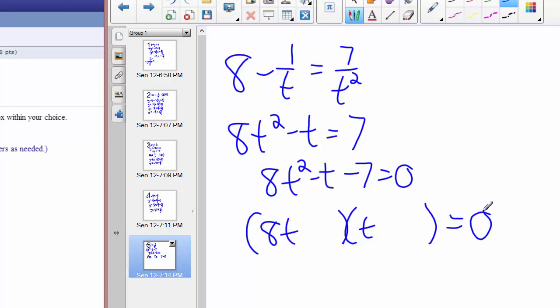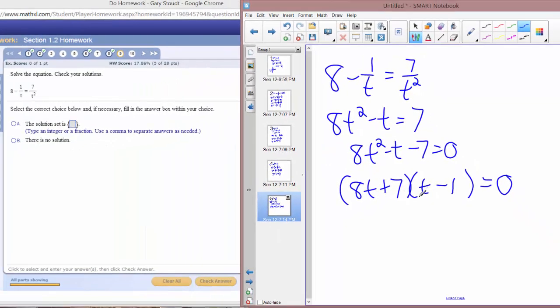We have the 8 and the 7, and we can combine those to get -1. So it looks like we would be okay in doing this. And we can double check using FOIL. 8t squared minus 8t, plus 7t, which gives us the -t, and then minus 7. So of course that means 8t plus 7 is equal to 0, or t minus 1 is equal to 0.